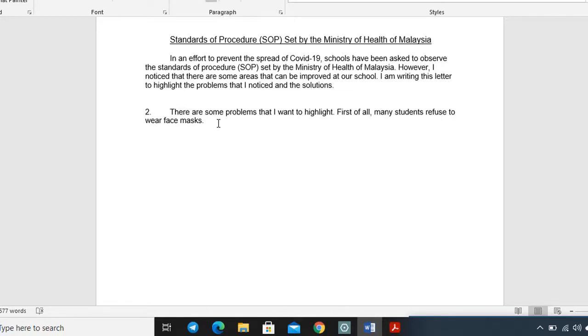So first of all, so the sequence connector, kena ada penanda wacana dia lah. Okay, first of all, many students refuse to wear face masks. Then you elaborate or give example. Why do the students refuse to wear the face mask? Okay, so this is the sentence. They are not comfortable wearing the face mask.